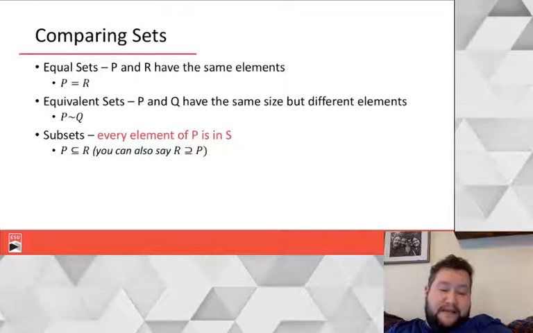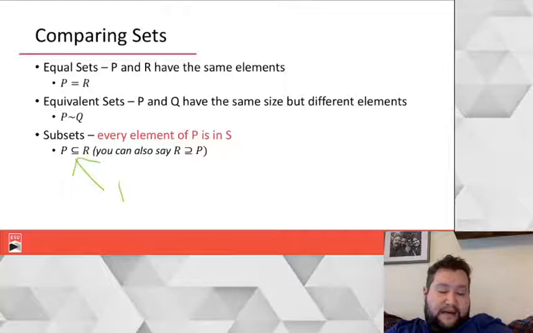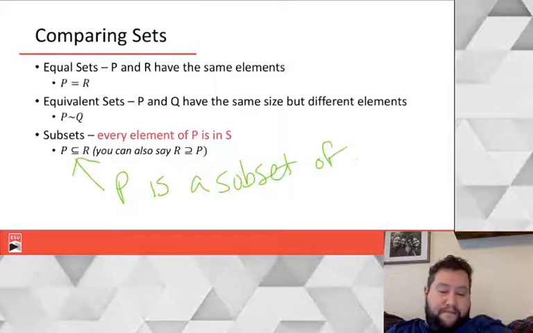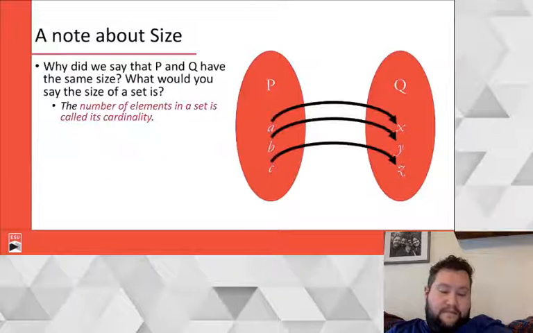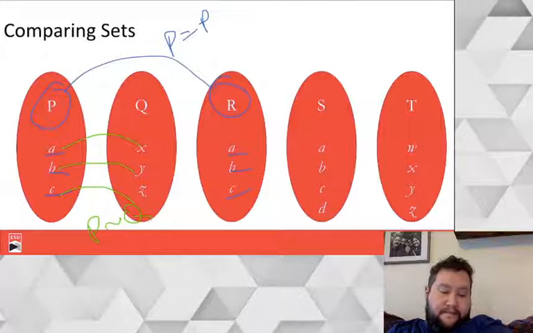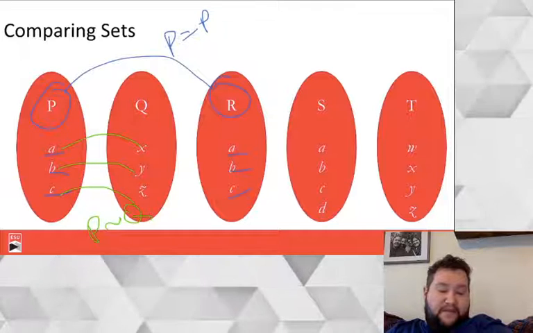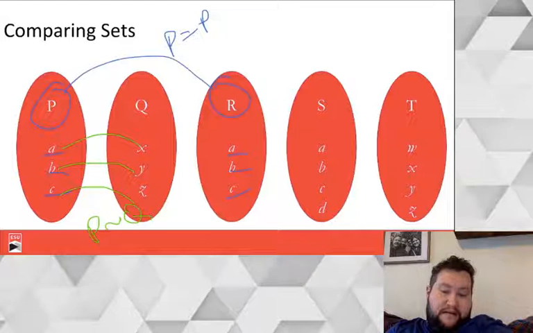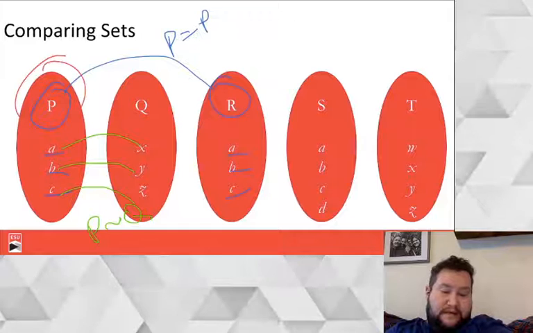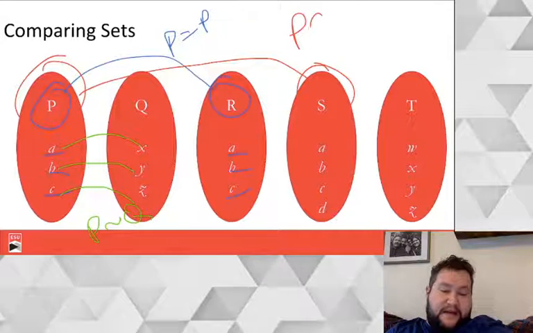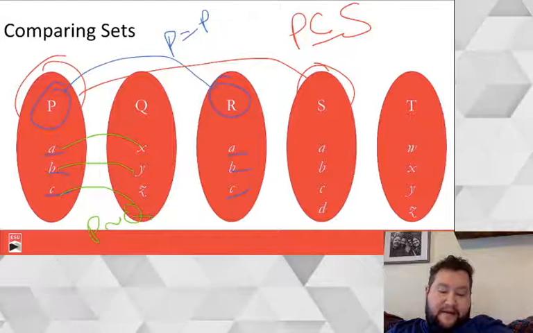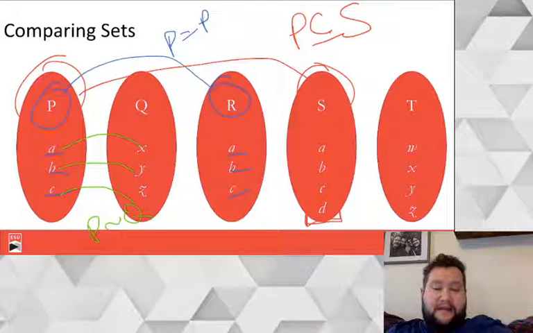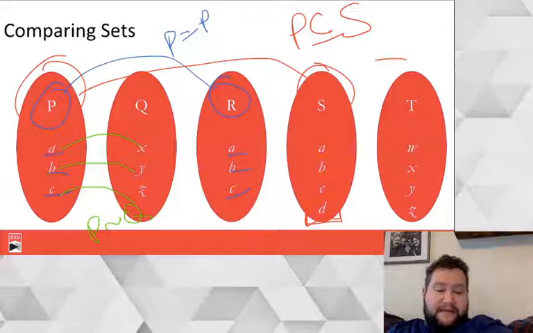To read this, P is a subset of R because every element of P is in R, but I would almost say that P is a subset of S. P subset S. Because A is here, B is here, and C is here, but there are more things in S that aren't in P. So P is a subset of S.